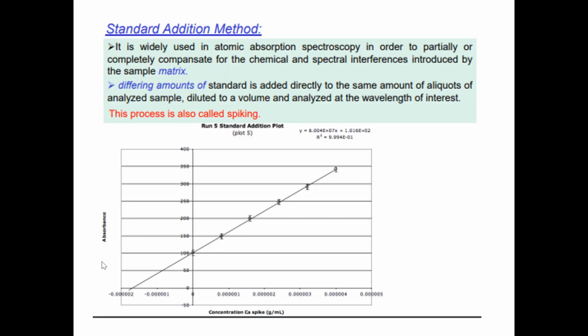So the way it works is, for example, there might be some lead in the sample itself. So lead itself is not at 0, it is already there. So by the time you try to blank it to 0, it still has an absorbance due to the lead in it.